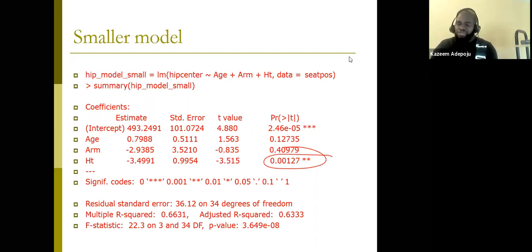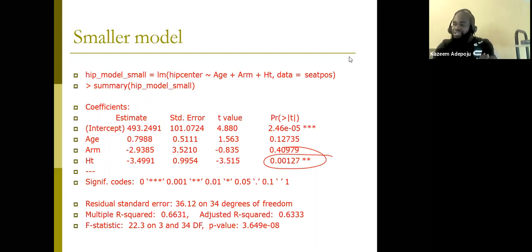Okay. So when two variables are actually correlating, and one of them has theoretical backing, because of course the height should have an effect on the hip center. We're talking about hip center height even before running statistical analysis.